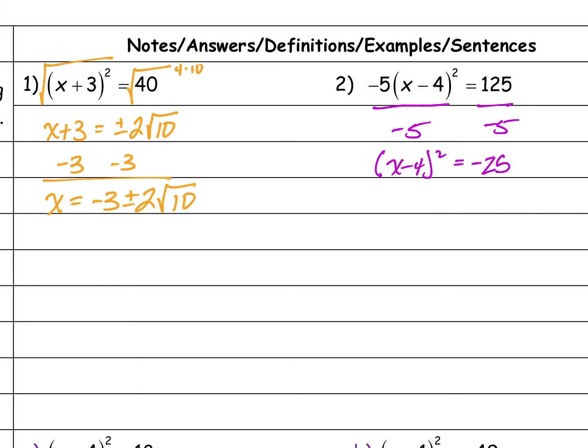And now I can get rid of the square by square rooting it, and that gives me x minus 4 equals plus or minus 5i. Add 4 to both sides. And since they're not like terms, I have 4 plus or minus 5i this time.